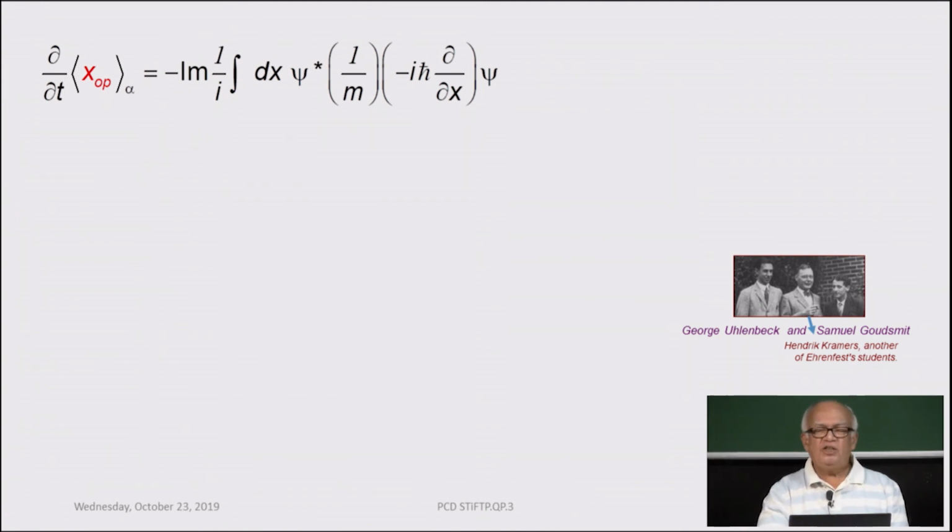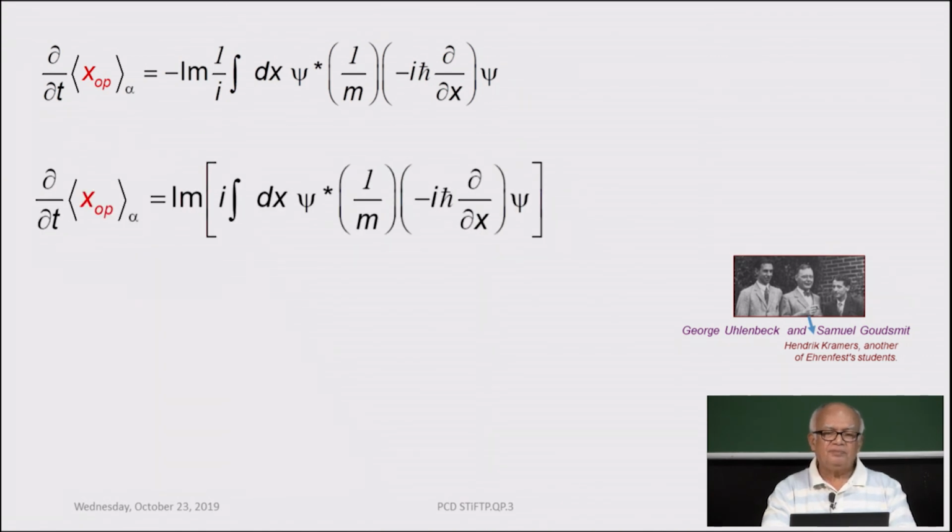And this is the time dependence of the expectation value of the position operator. Okay? But what is minus i h cross del by del x? It is the momentum operator.